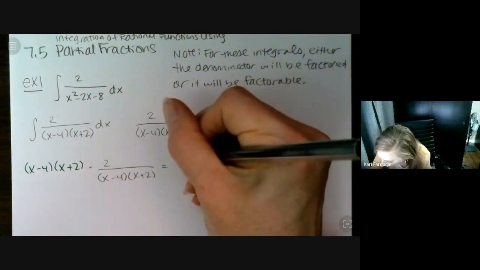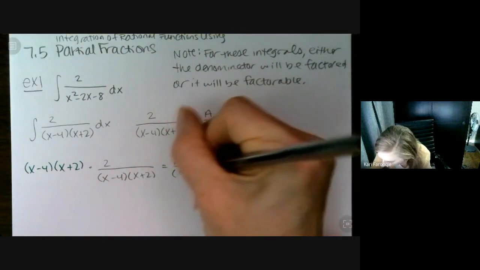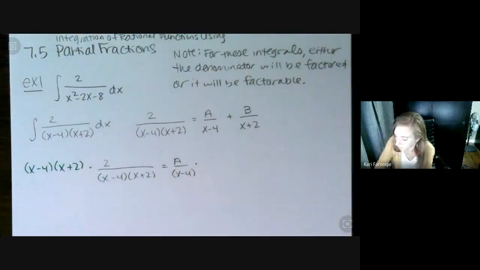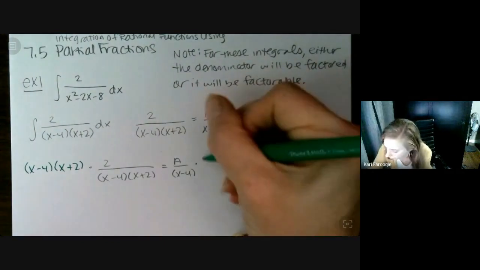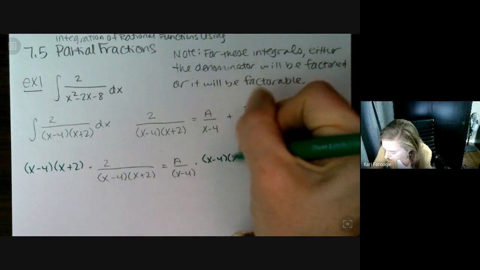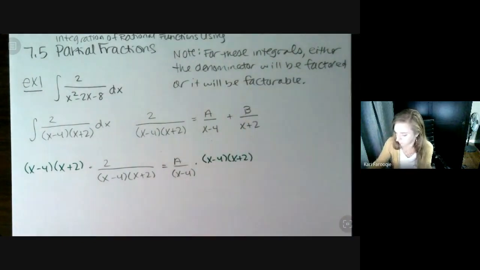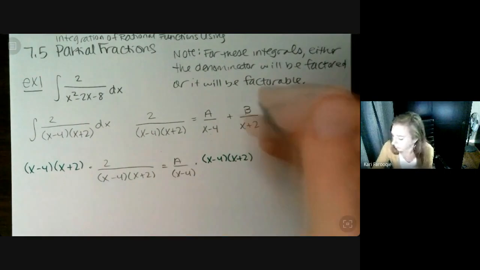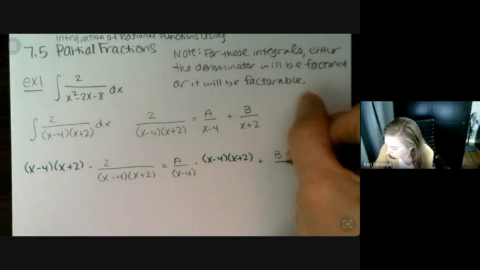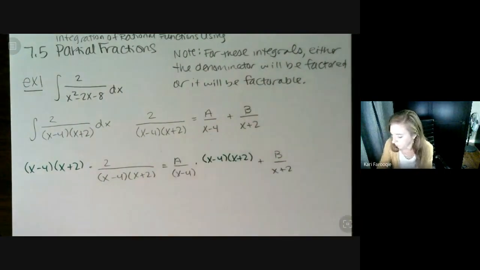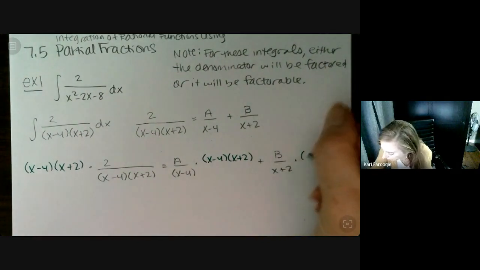A times x minus 4. We're going to multiply by the LCD also. Plus b over x plus 2 times x minus 4 times x plus 2.